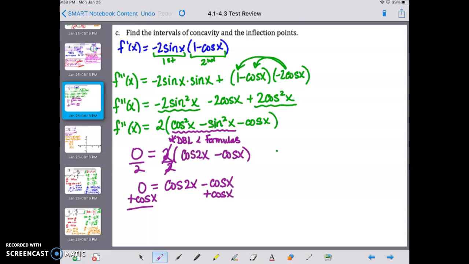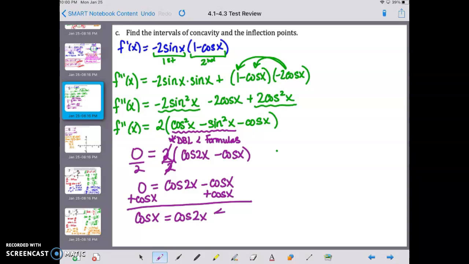If I add cosine x to both sides of the equation, then I end up with cosine x equals cosine 2x. Now, wouldn't it be nice to know where those two functions are equal to each other? Well, one thing that I could do using my resources is I could graph them both on my graphing calculator, and I could calculate the intersections of these two curves.